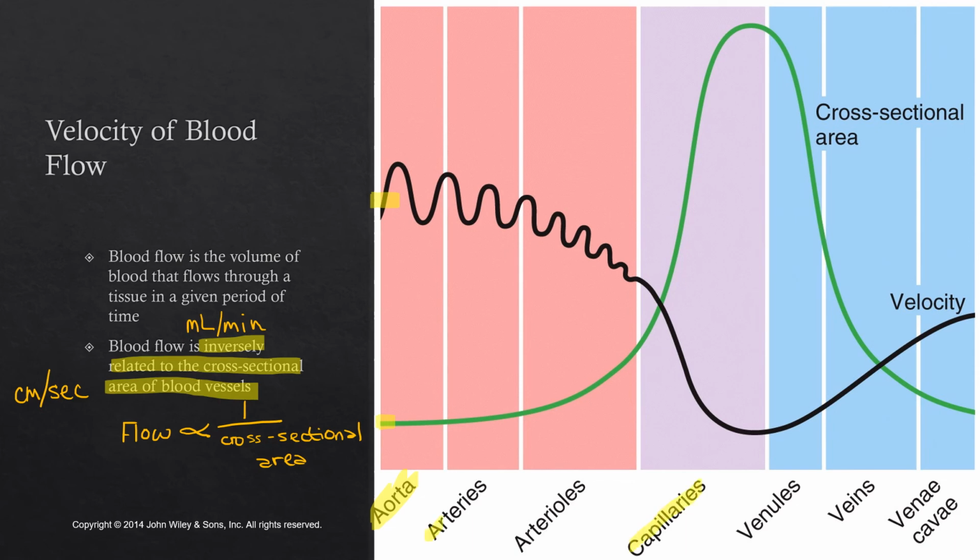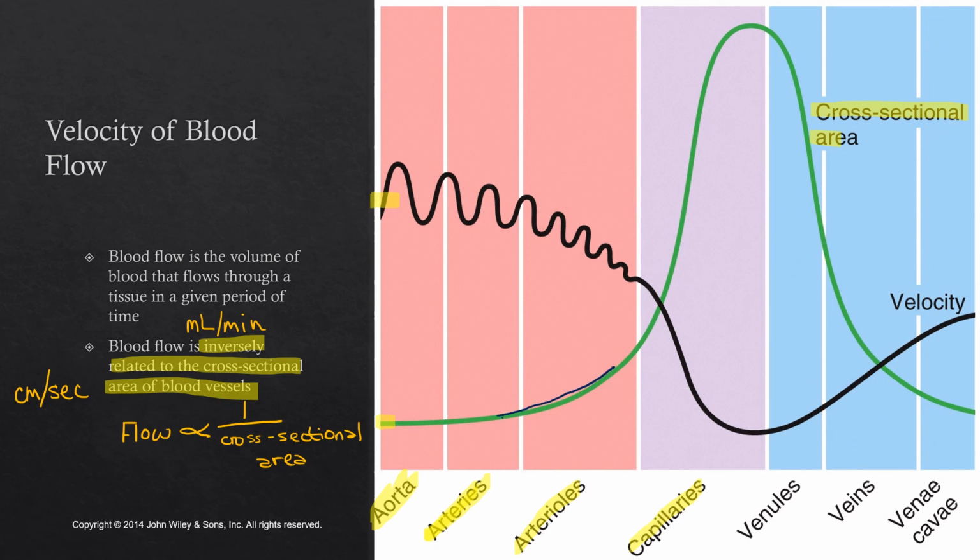That's what we're going to see as we branch further and further and eventually get to capillaries. Here the arteries are starting to branch, so you can see we're starting to increase that cross-sectional area a little bit, because the cross-sectional area we're talking about here is the cross-sectional area of all the branches together. We branch further into smaller arterioles, which increases the cross-sectional area even further.